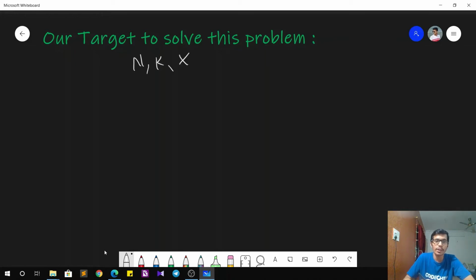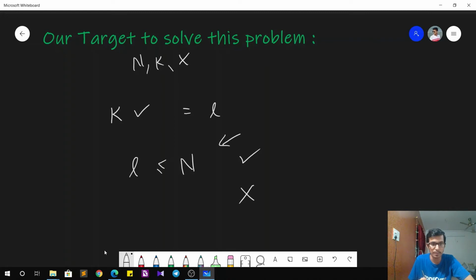So we are going to try and find the minimum length sequence such that it contains exactly k pairs whose XOR is x, and let's say that minimum length comes out to be L. Now we know that the minimum length is L. So if L is less than or equal to n, then we can generate the sequence by appending some big numbers like infinity to the smaller sequence, or else the answer will be no. So this is going to be our basic target while approaching the solution to this problem.